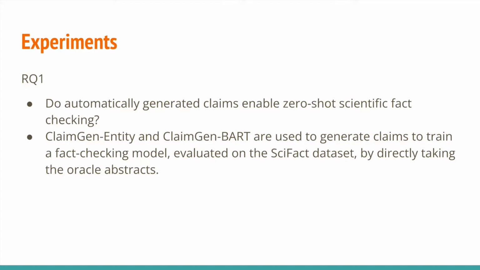And for this, they use ClaimGen-Entity and ClaimGen-BART to generate the claims to train a fact-checking model evaluated on the SciFact dataset that we introduced previously, by directly taking the Oracle abstract. So it's basically a simplified version of the SciFact task.